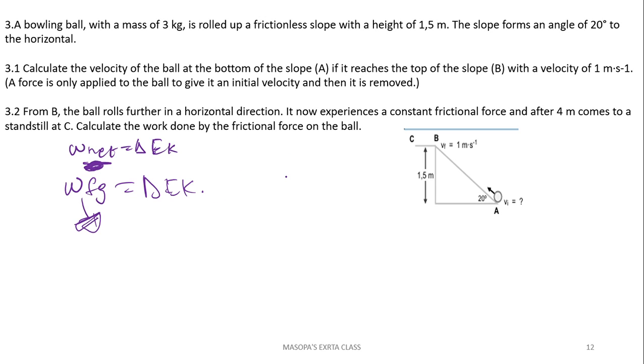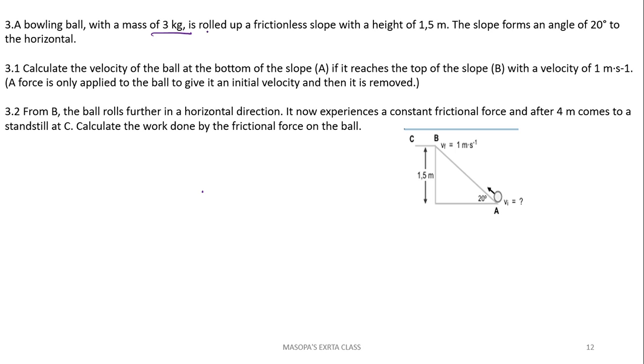All right, so now let's read the question. They are saying that we have a bowling ball that has a mass of 3 kg. Now it is pulled up a frictionless slope. Once they say frictionless, it tells you that the Emac of the object is conserved.